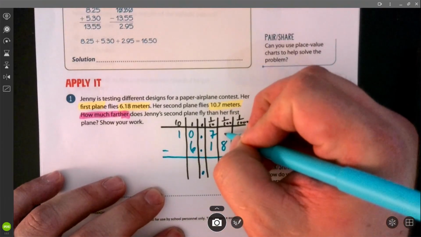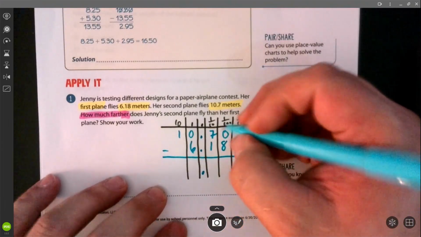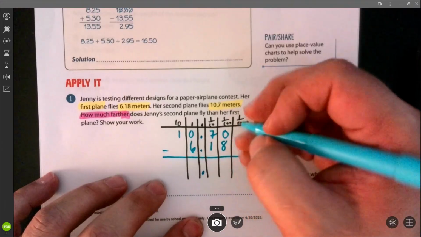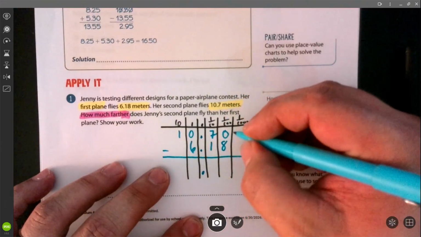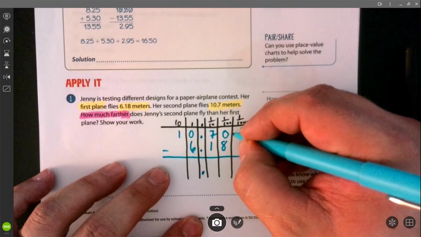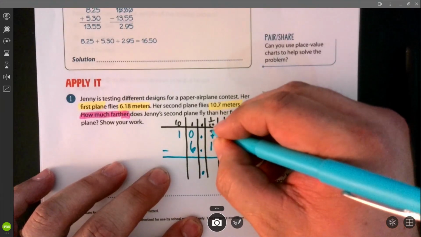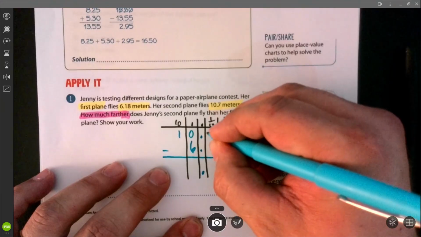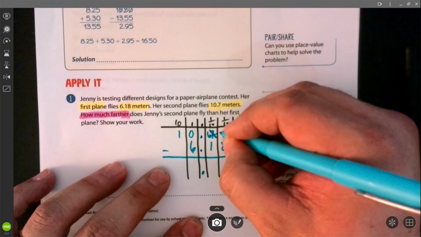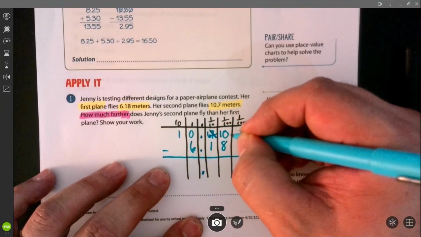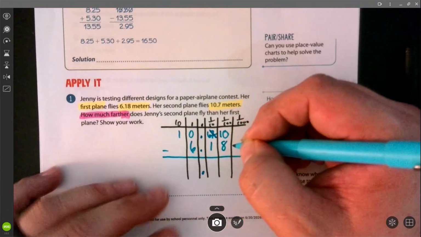Just like in class, we talked about adding a 0 here, so the 8 doesn't feel left out. Remember, you're not doing 8 take away 0. You're starting up here and doing 0 take away 8, and you can't do that. You got to come over here. You're going to steal from that guy, and then you're going to bring that over there. Now, 10 take away 8. I'm going to count up.